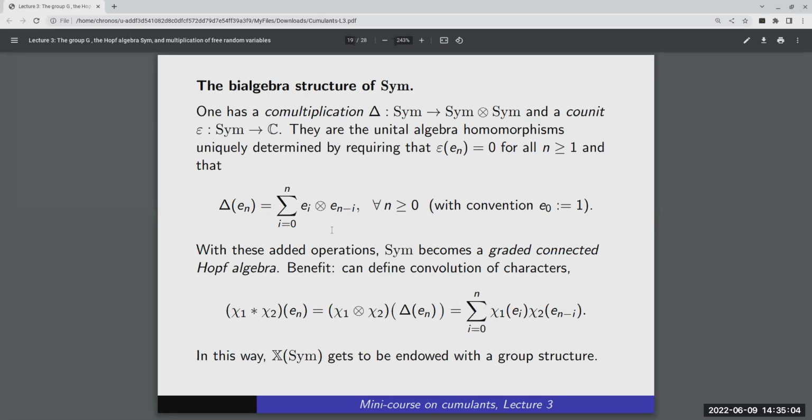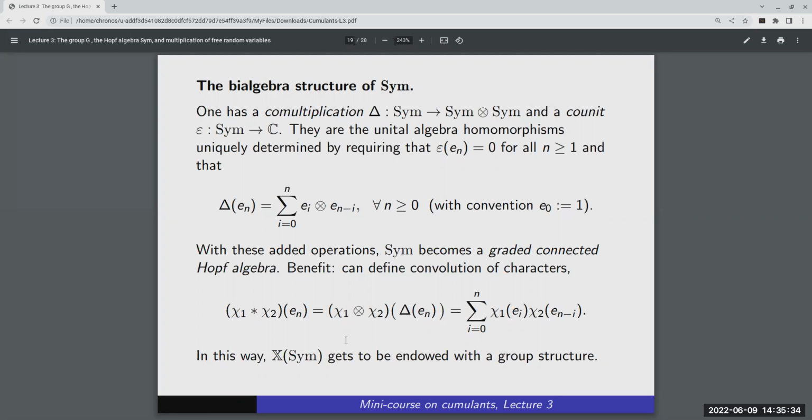Okay, and what's the business with this? If you have this, and the co-multiplication has to be co-associative and all sorts of things, then you get a structure of algebra on the characters. So X of Sym becomes a group. What's the group operation on this group? Take two characters and convolve them.